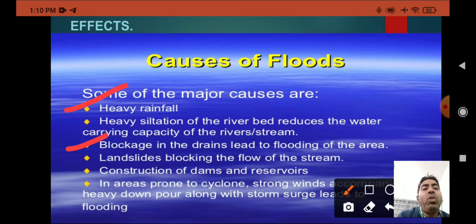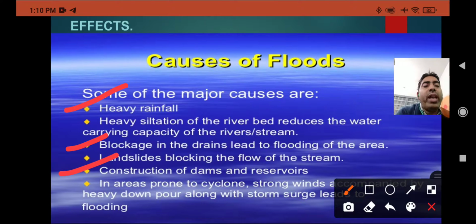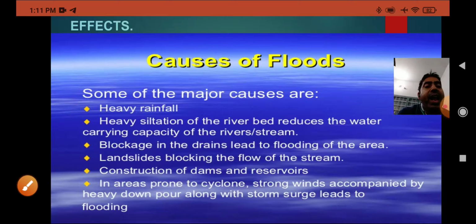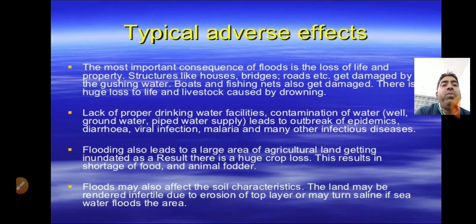Landslides blocking the flow of a stream. Construction of dams and reservoirs. An area prone to cyclones, storm winds accompanied by heavy downpour along with the storm surge on land leads to flooding. These are the causes of the flood.